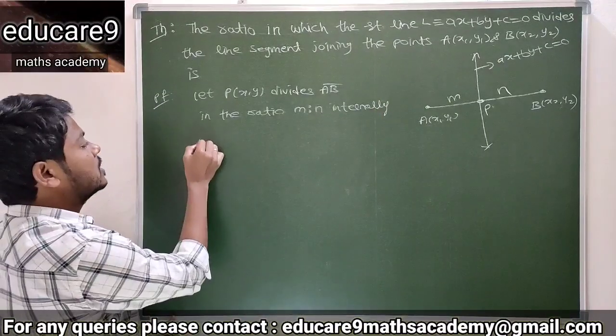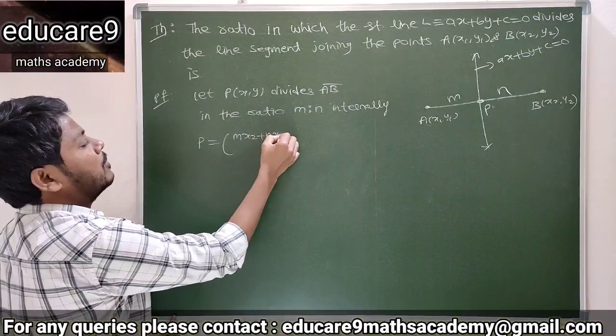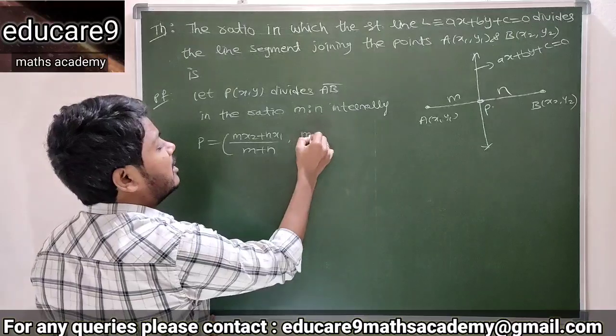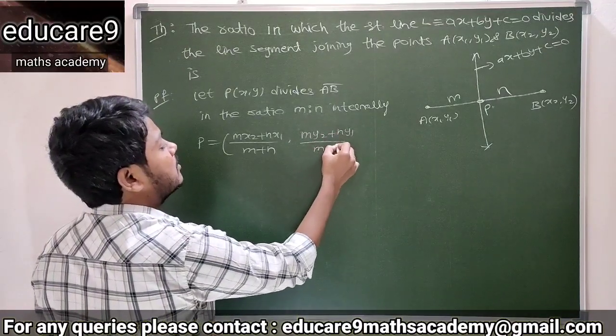What is the formula? P is equal to (mx2 plus nx1 by m plus n, my2 plus ny1 by m plus n).